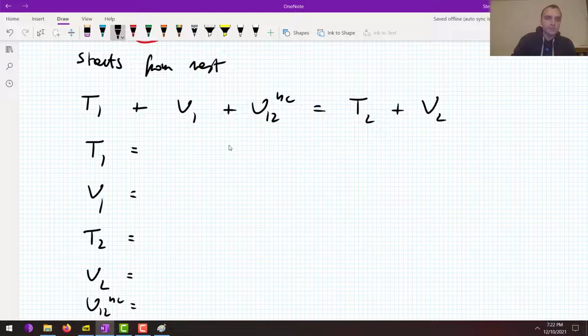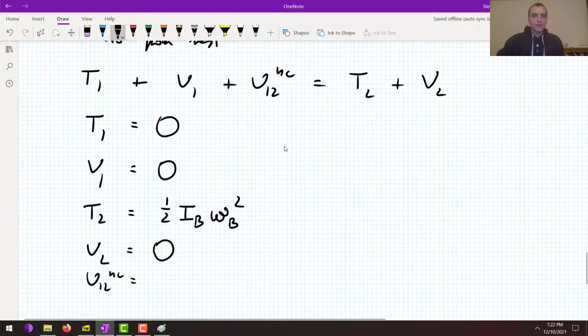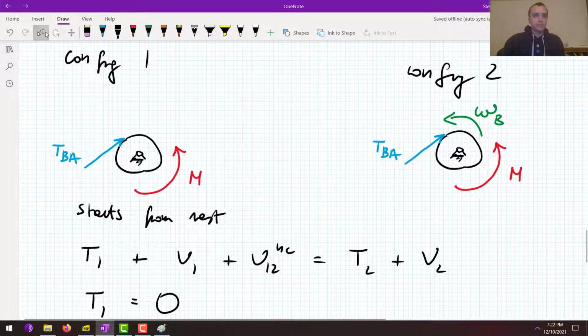System starts from rest, so T1 is 0. There are no springs in the system, plus our gear B does not change its elevation. At the end, our gear B has that much kinetic energy, 1/2 I_B omega_B squared. And there are only 2 forces acting in our system, as you can see here.